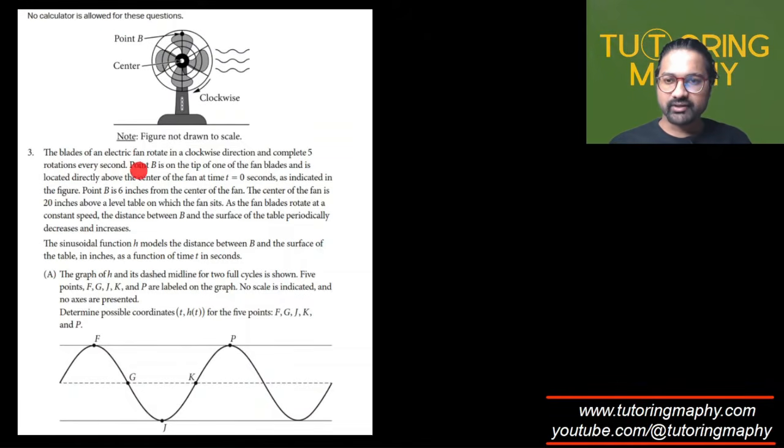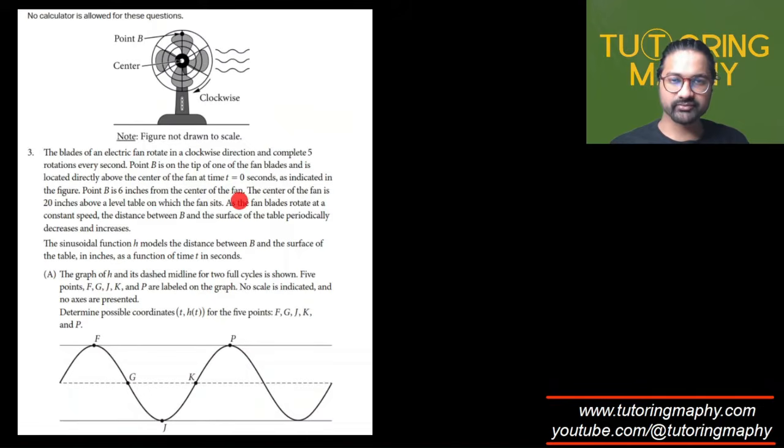The blades of an electric fan rotate in a clockwise direction and complete 5 rotations every second. Point B is on the tip of one of the fan blades and is located directly above the center of the fan at t equal to 0 seconds. So this is the point B, and from the center its distance is located, as indicated in the figure.